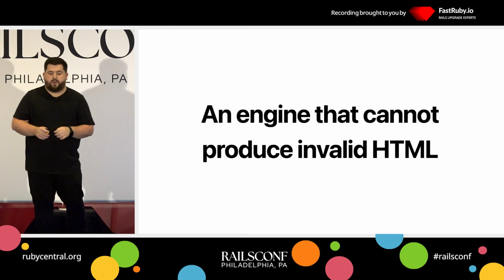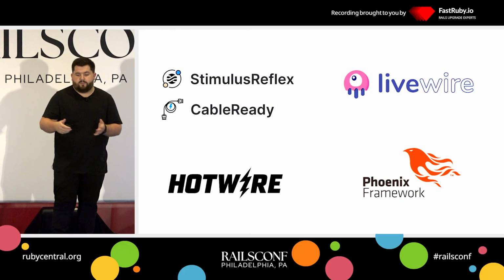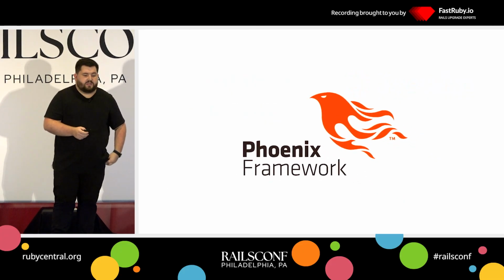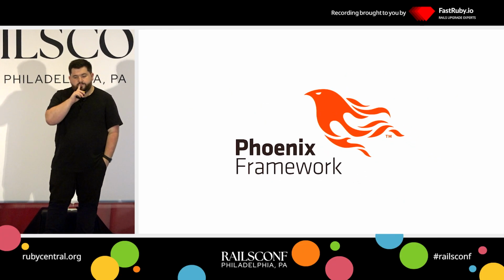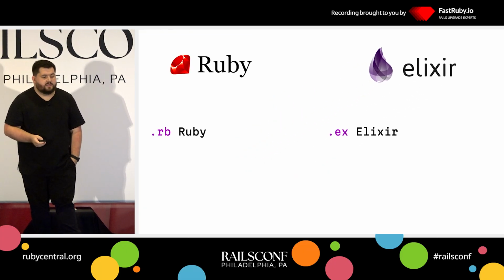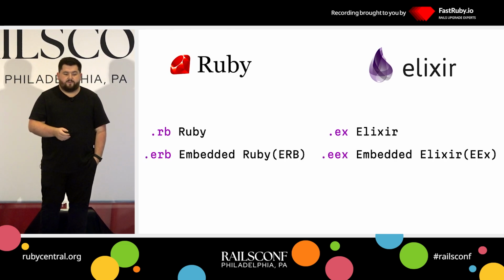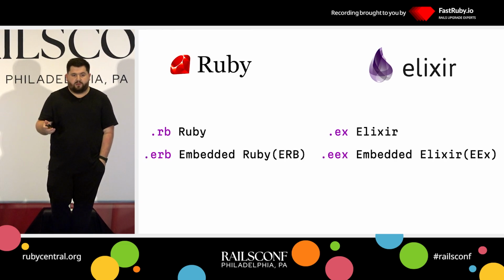And if you look around at what we have in the whole ecosystem right now, a lot of tools, also in other languages, one of them really sticks out, which is Phoenix LiveView. This is written in Elixir, and Elixir has the regular Elixir files, but they also have EEx, which is the equivalent to ERB.